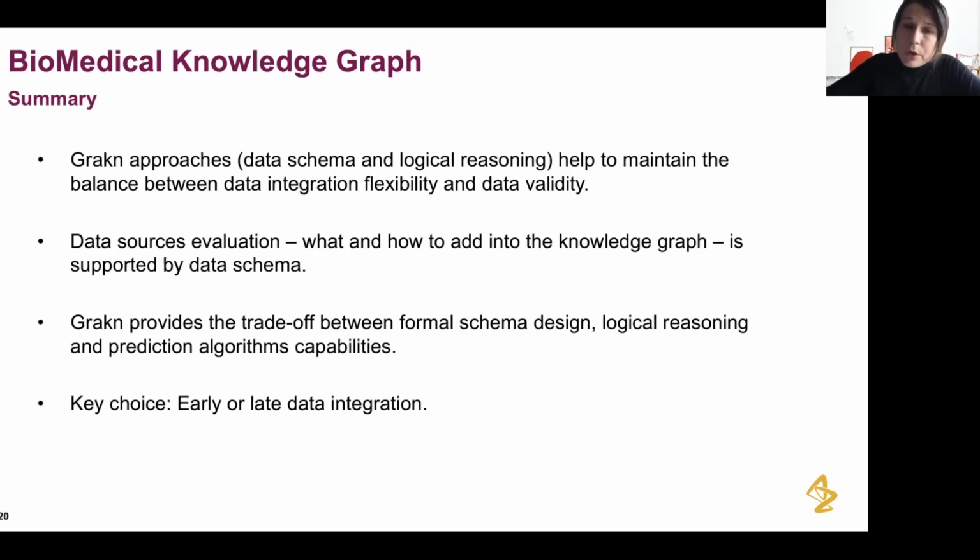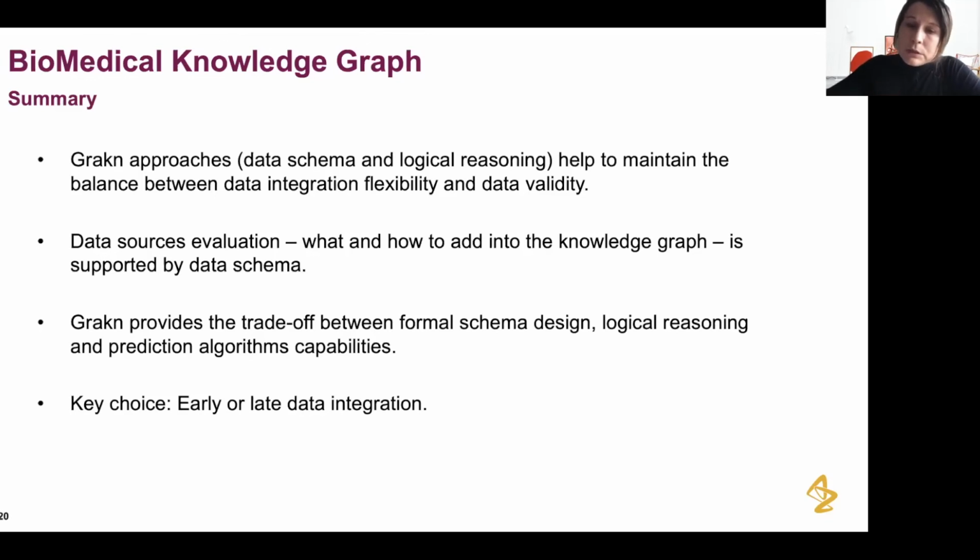So what I'm trying to say is that there are a lot of thoughts around how we are building knowledge graphs in the biomedical or drug discovery domain. Sometimes people are trying to put everything into the knowledge graph. So all experimental data, let's put it in and see what will happen. In my experience, the data should be modeled first. We have to make some decisions before we are putting data in.